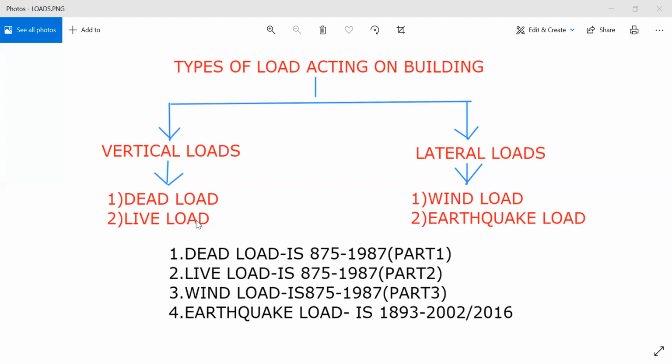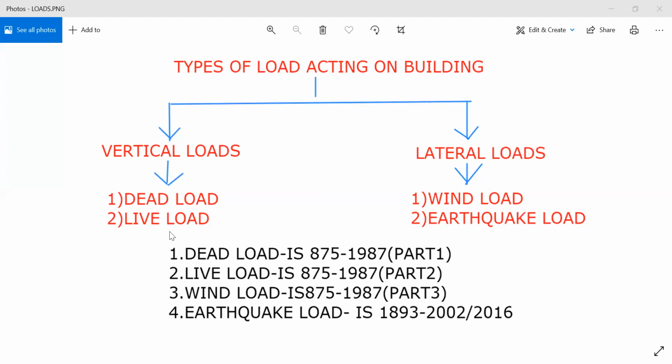Normally, live load we can consider from IS 875-1987 part 2. There are some criteria based upon which IS has given us the live load. We have to consider live load of 2 to 4 kilonewton per meter square according to the use of the building.